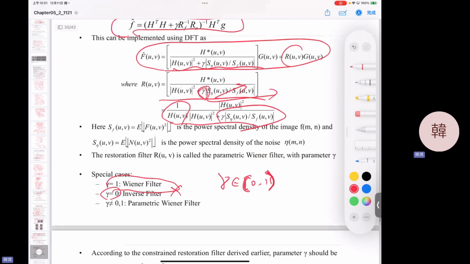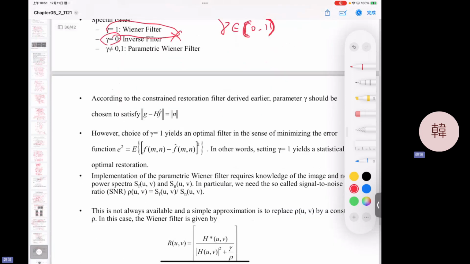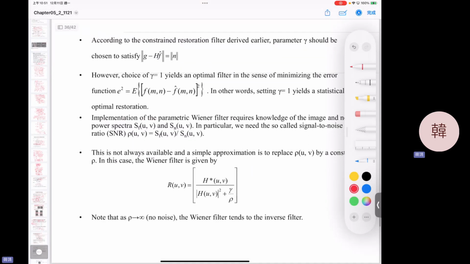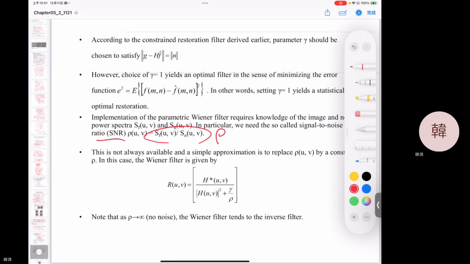So actually, we just see from the result here, we don't have to run this again. If you write this in an easier way, the noise to signal ratio is equal to 1 over rho, your SNR, the Sf spectrum divided by the Sn spectrum, we call it the signal noise ratio.